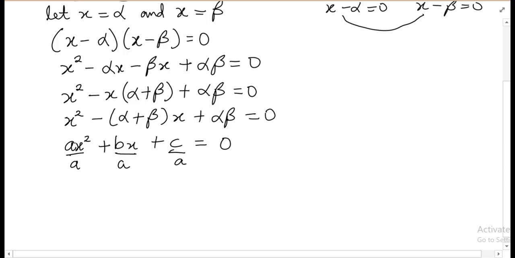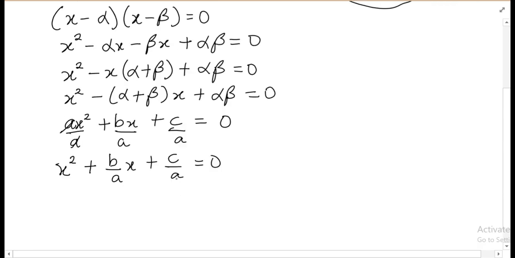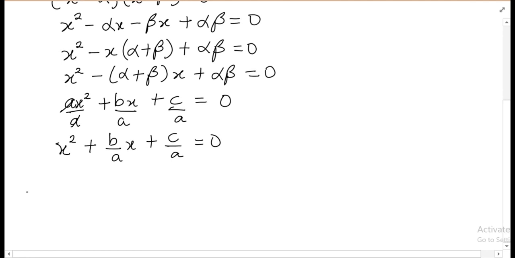You now have this expression as x squared plus b over a x plus c over a equals 0. By direct comparison, let me copy it so that I can draw lines: x squared minus (alpha plus beta) x plus alpha beta equals 0.